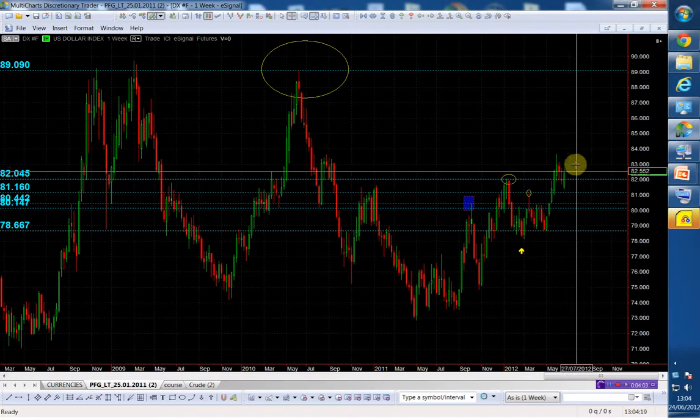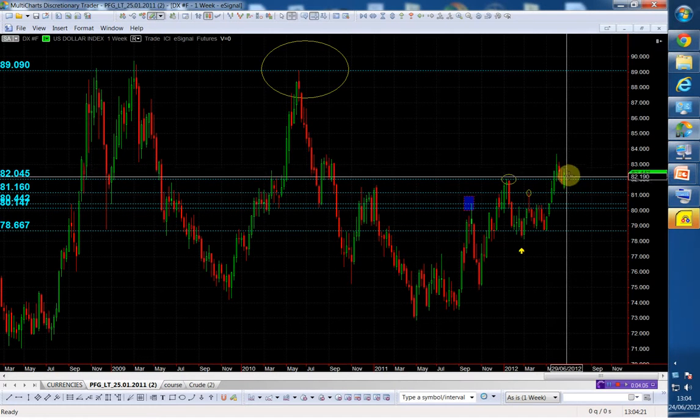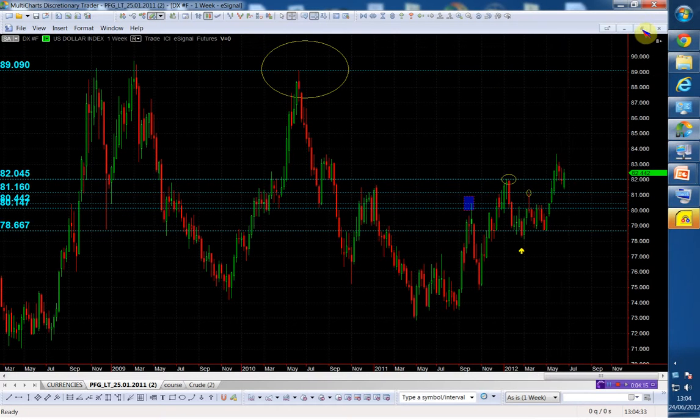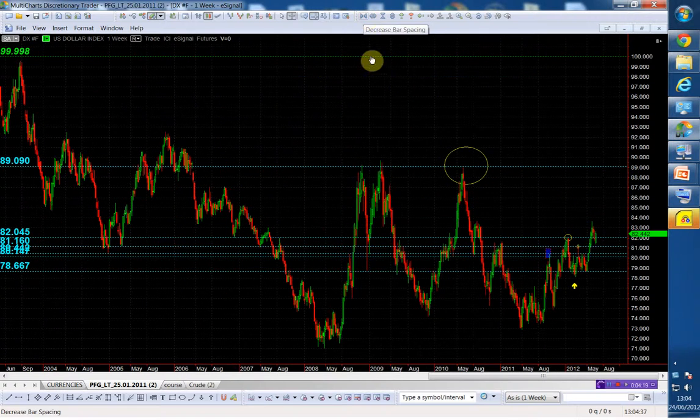So you had a little bit of profit taking towards the end of the week, which is a healthy close, and that would indicate continuation to the upside. So in that sense, we can consider the dollar as a strong currency, and it will be one of the currencies that we are looking to buy for the coming week.